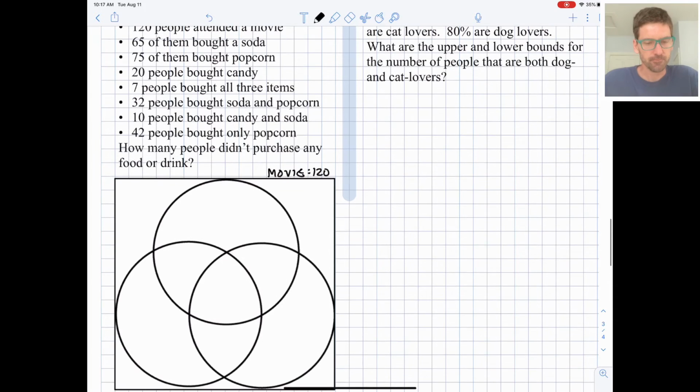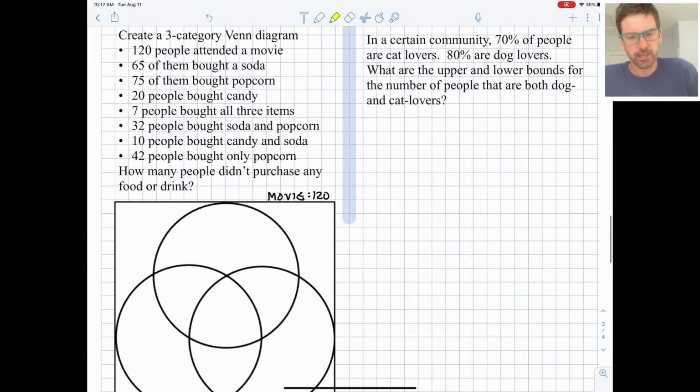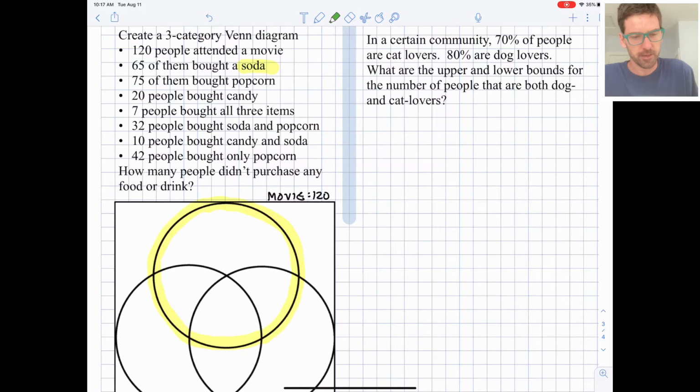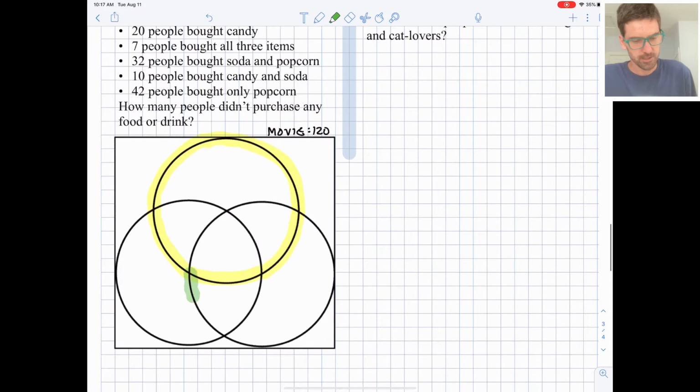Okay. Let's do a little color coordinating here. Let's say movies yellow, so that'll be our top circle. Wait, that'll be soda. Movies is everybody. So let's have soda be yellow, okay? Let's have popcorn be green.